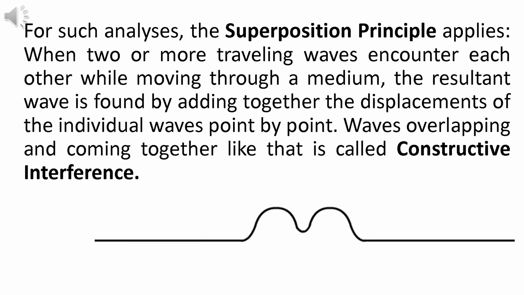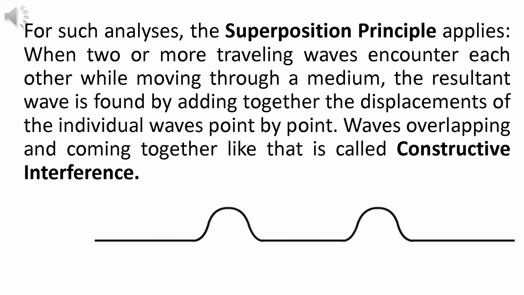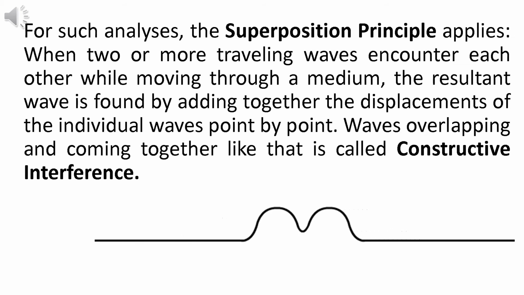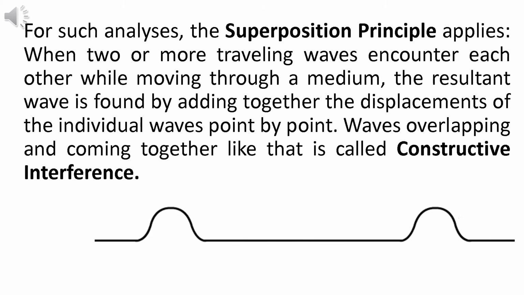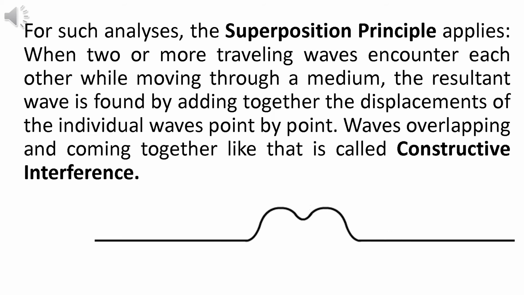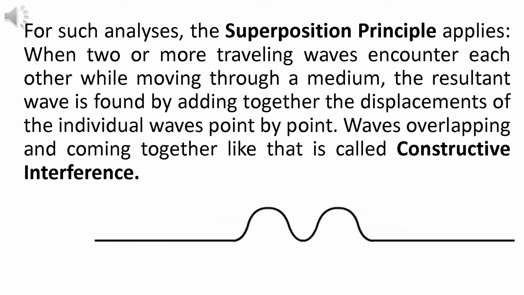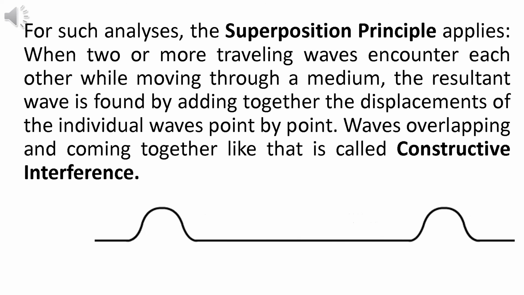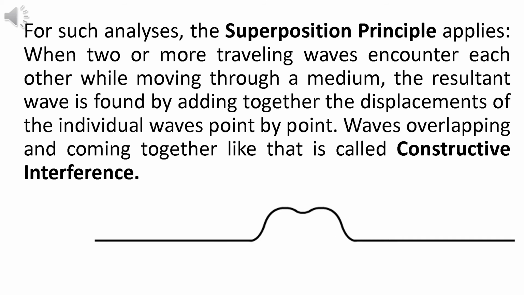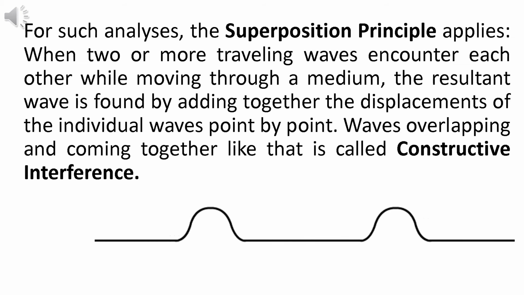Waves overlapping and coming together like that is called constructive interference. So, ulitin ko lang, the principle that lies behind the constructive interference is what we call superposition principle. Okay. So, this explanation explains the constructive interference, kung ano yung nangyari sa past slides natin.